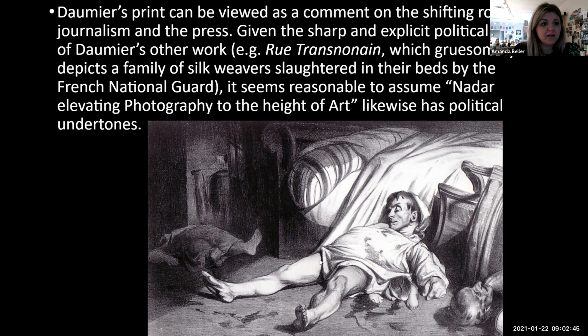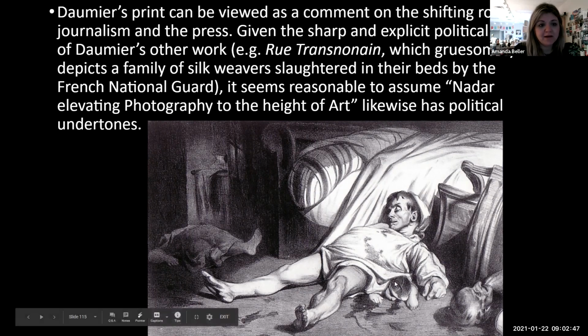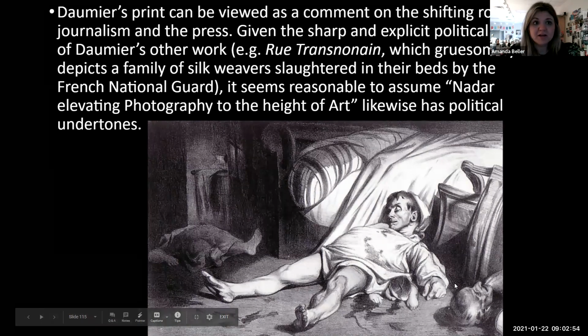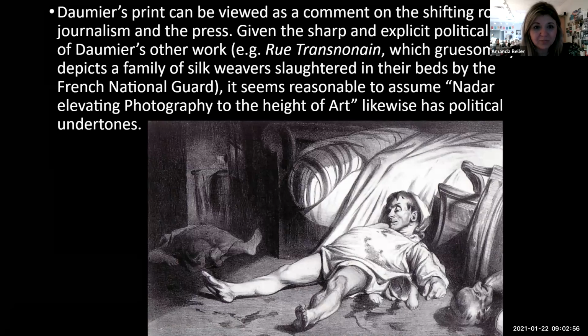And so he has a woman, a father, there's a baby under here, and an old man, all murdered for no reason, right? Just for being in the wrong place at the wrong time in their home, right? So we certainly can see Nadir, elevating photography to the height of art. We can see Rue Transnonain.